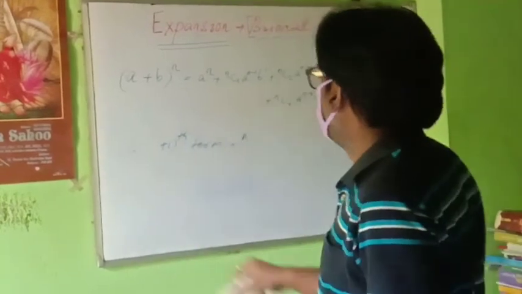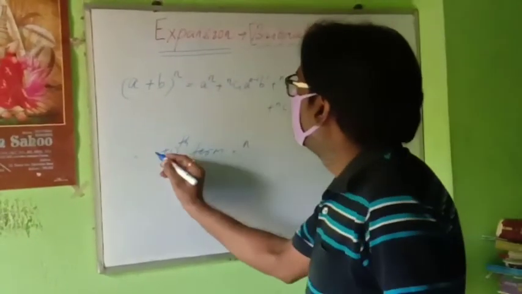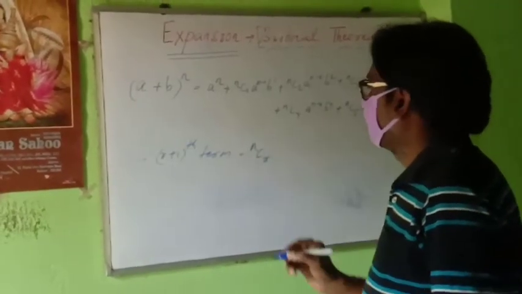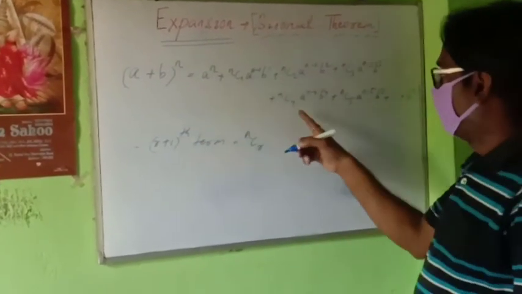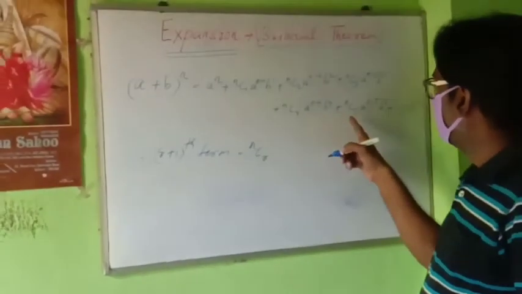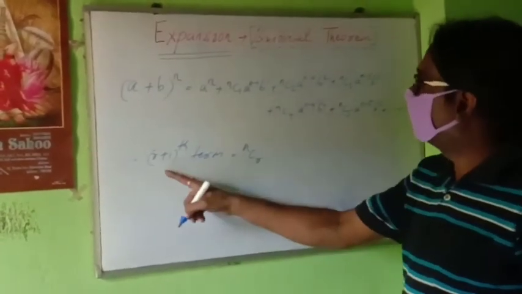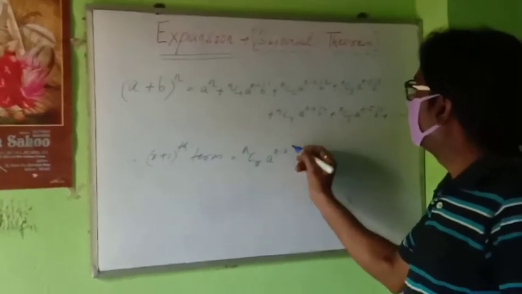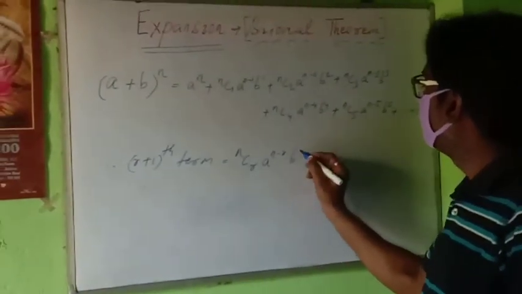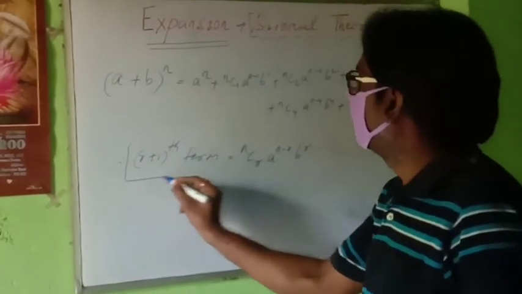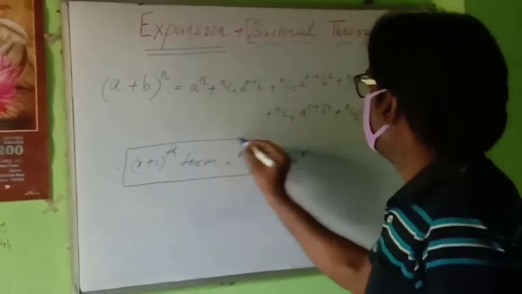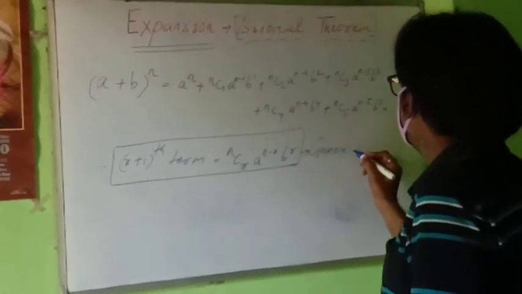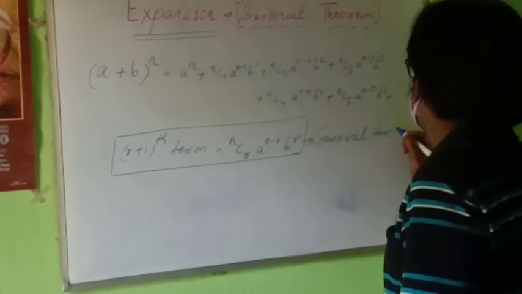The r plus 1 term will be nCr, because it is one less: the fifth term has 4, the sixth term has 5. The r plus 1 term is nCr, a to the power n minus r, b to the power r. This is called the general term. Any term we can find using this is called the general term of a binomial expansion.